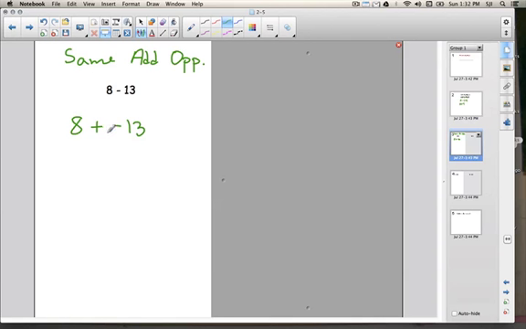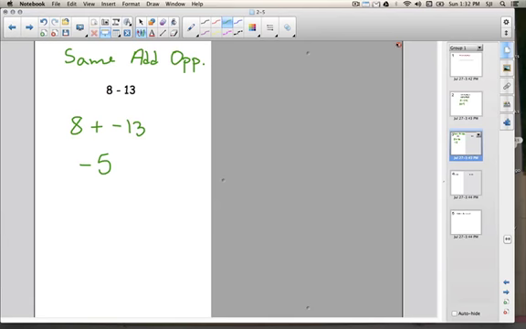Whichever one's bigger tells me if my answer is going to be positive or negative, and since the absolute value of negative 13 is 13 and that's bigger than 8, I know that my answer is going to be negative. Then all I have to do is find the difference between 8 and 13, which is 5. So the answer to 8 plus negative 13 is negative 5, just like the answer to 8 minus 13 is negative 5. Because remember, this right here and this right here are equivalent to each other.